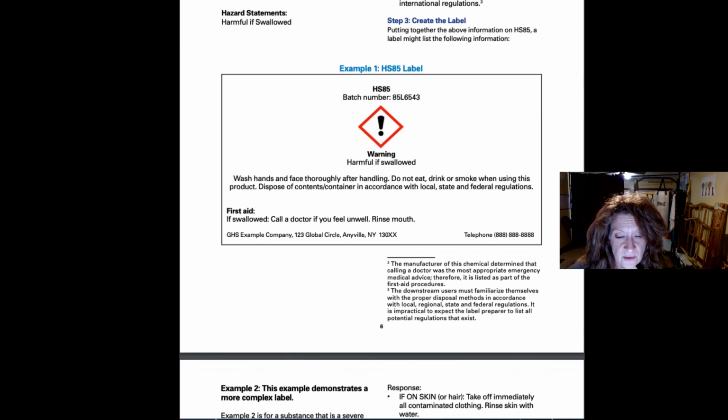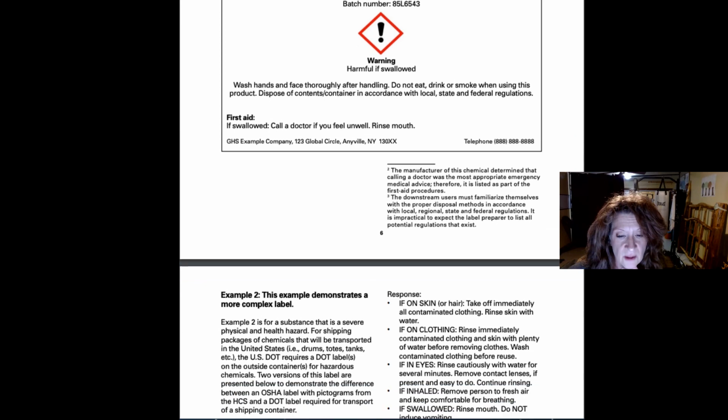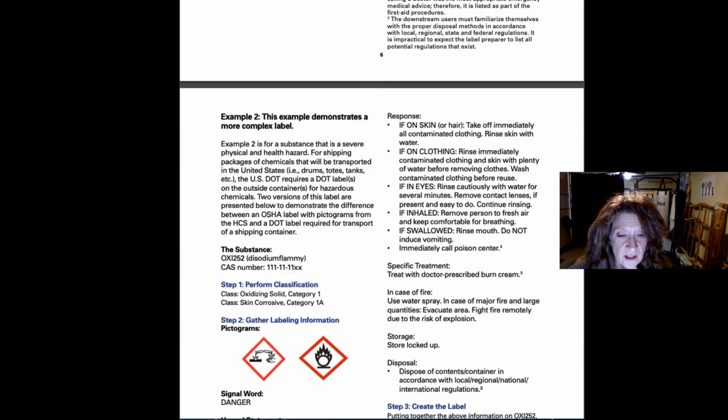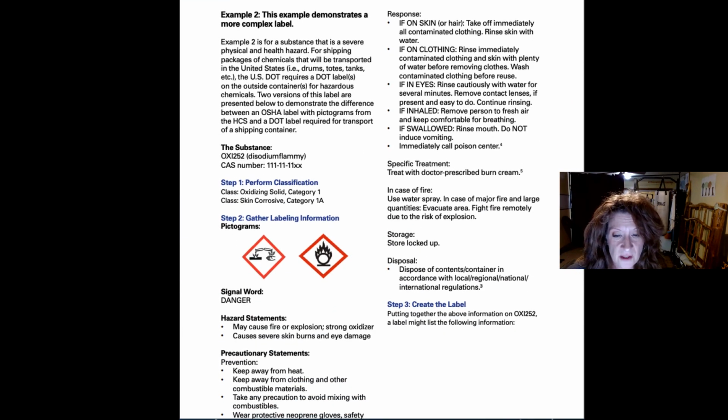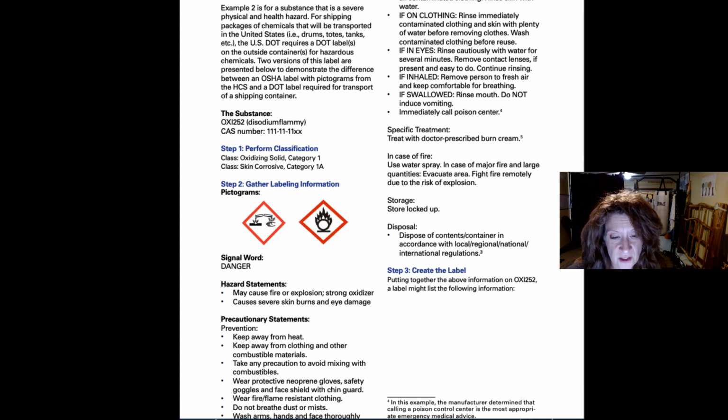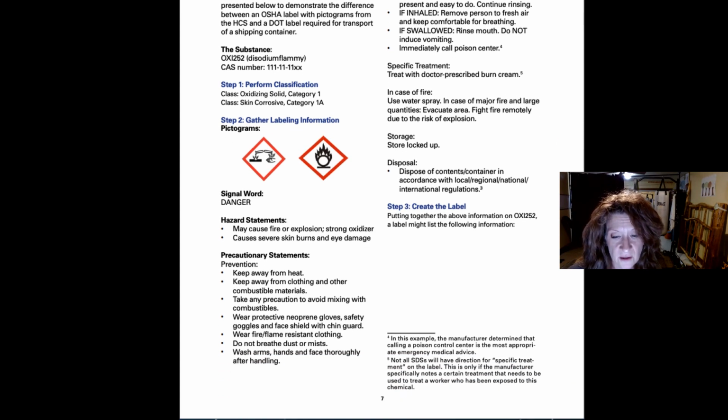It also gives you an example of what a label should look like and examples, so that if you looked it up from the H codes, you'd be certain that your SDSs were developed appropriately. So SDSs are as good as the manufacturer who makes them.